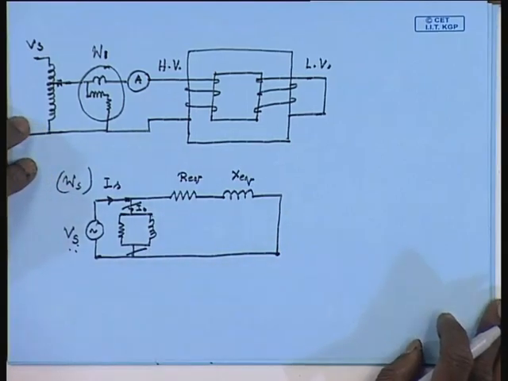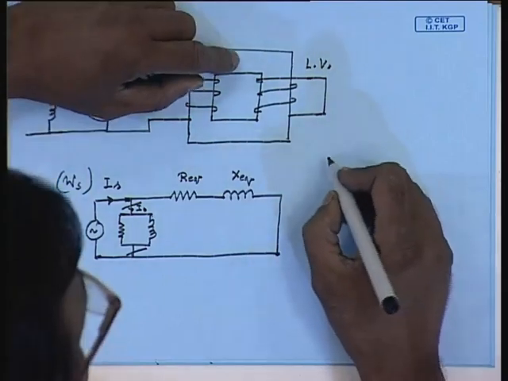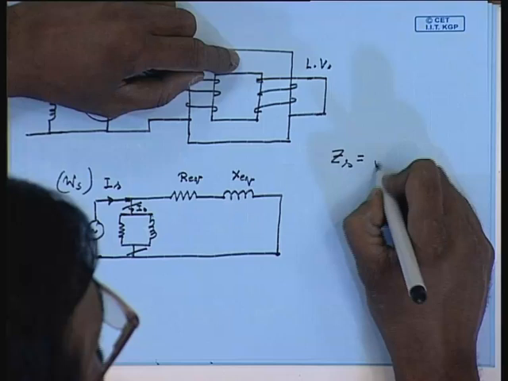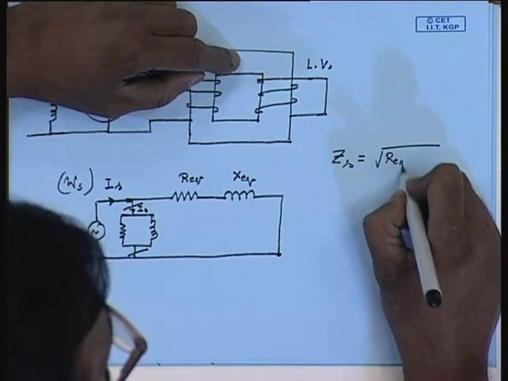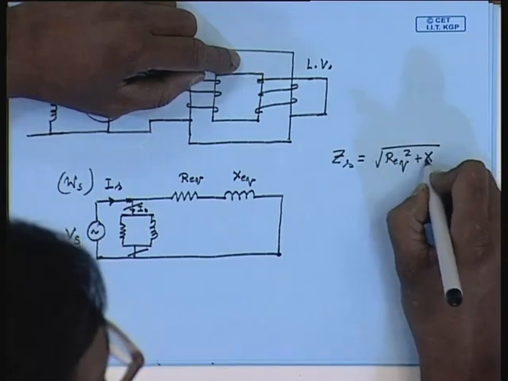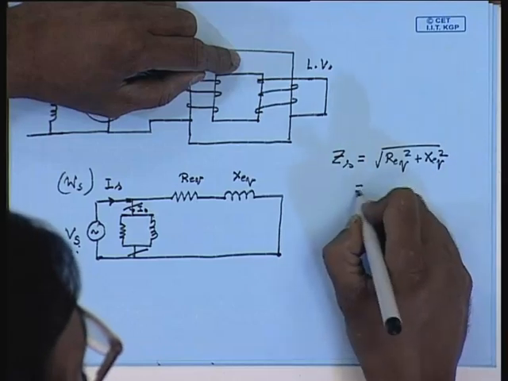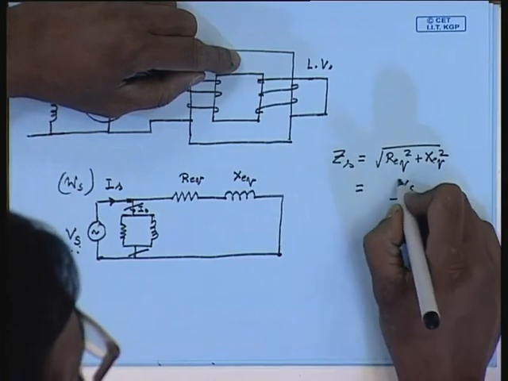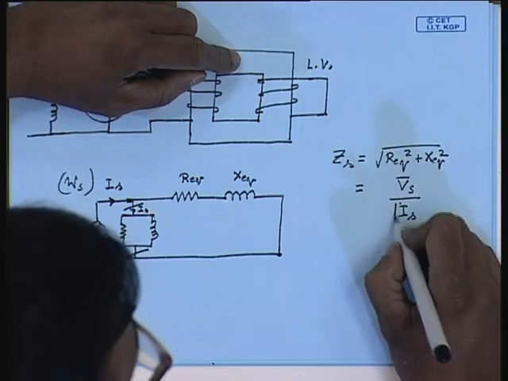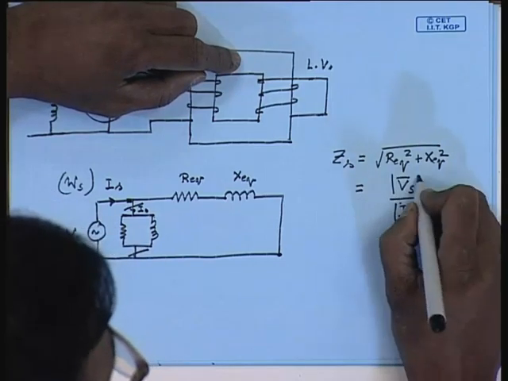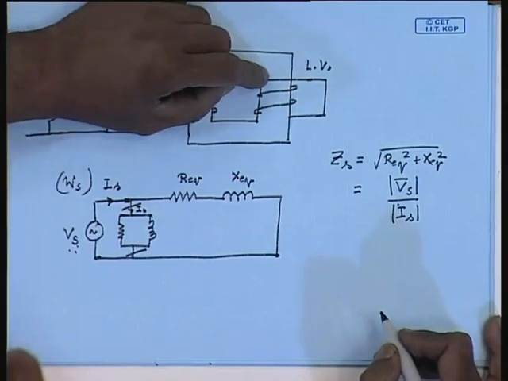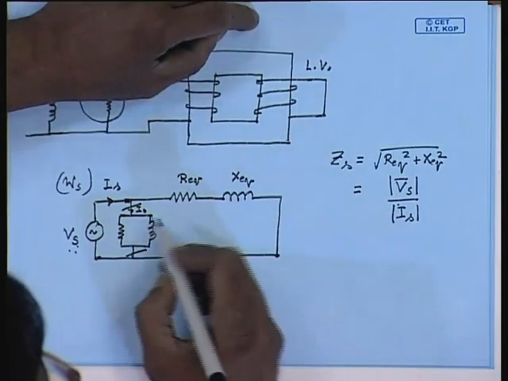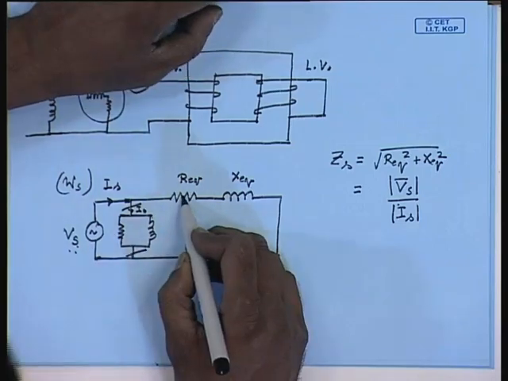Then we have a very simple relation, the short circuit impedance Zs equal to square root of Req square plus Xeq square. This is given by V short circuit divided by I short circuit. The power loss during short circuit is assumed to be entirely due to the series resistance.